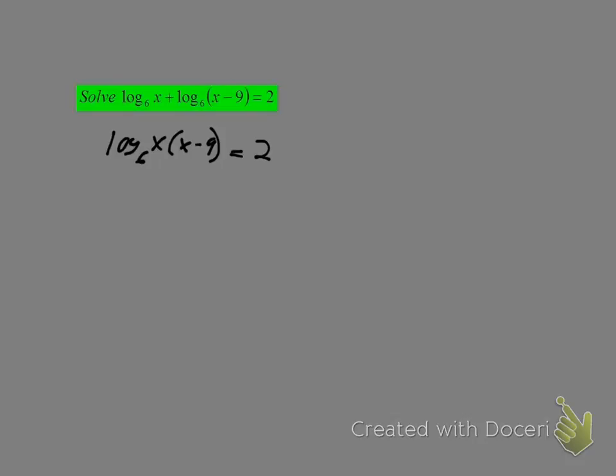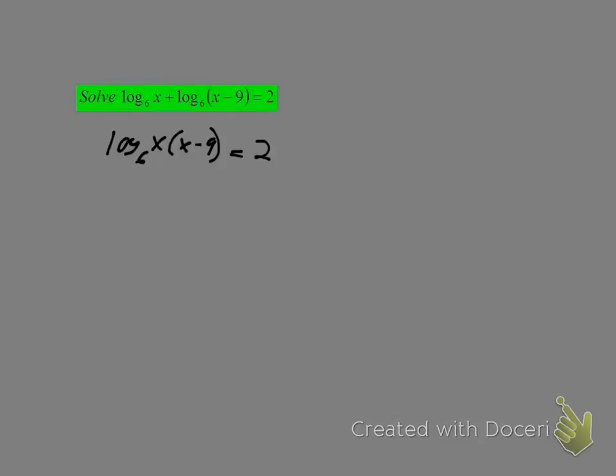One. There's two logs on that side, but there's one side with logs. Which means eventually we are going to do what? Switch forms. Go from logarithmic to exponential.